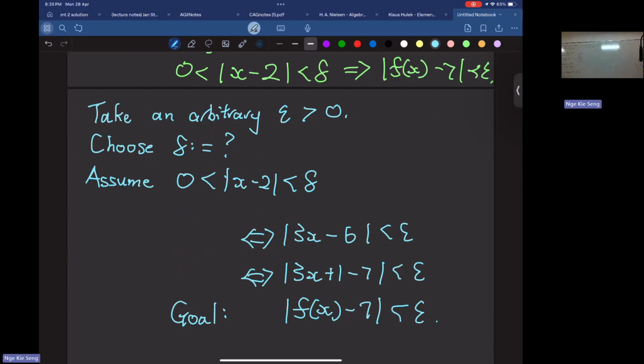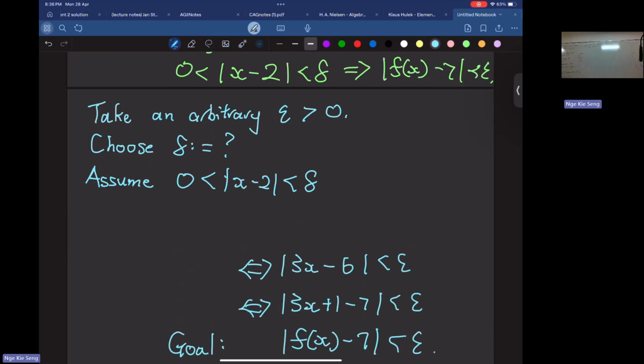So one is your assumption, one is your goal. How far is x minus 2 to 3x minus 6? 3 times. Okay, good. You see this pattern here. So you can make this into 3 times x minus 2 first.